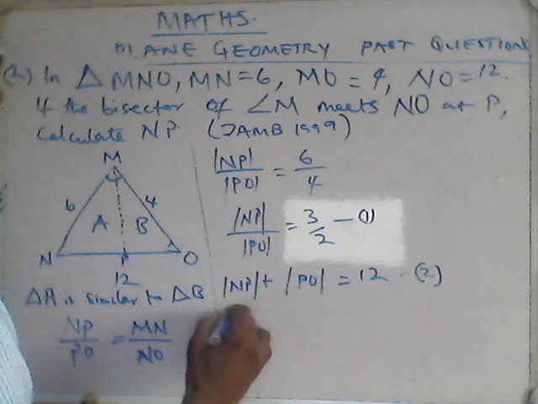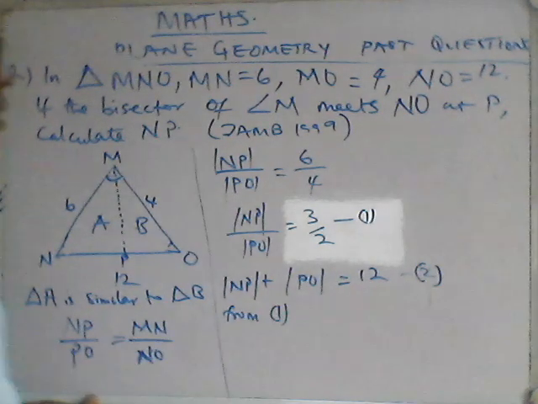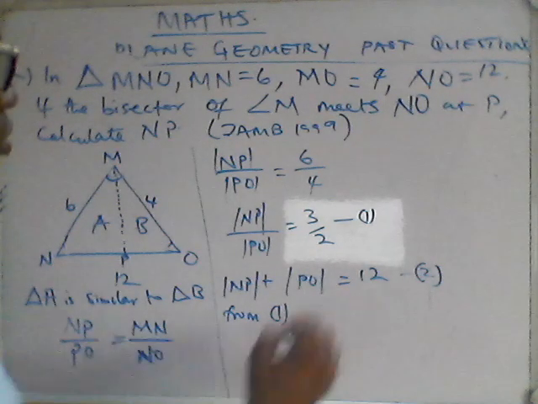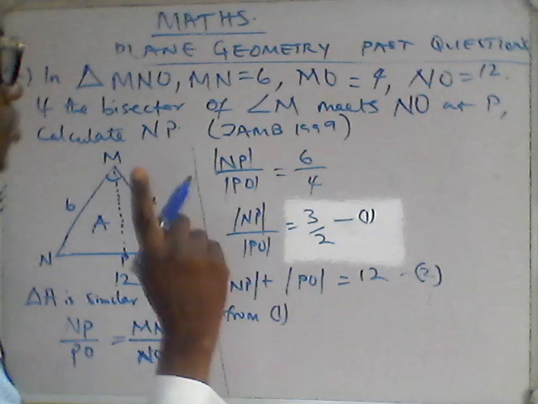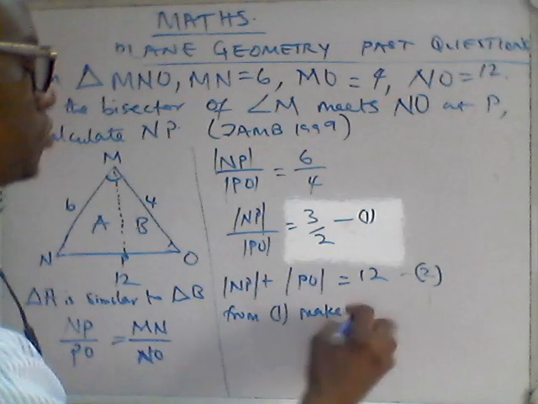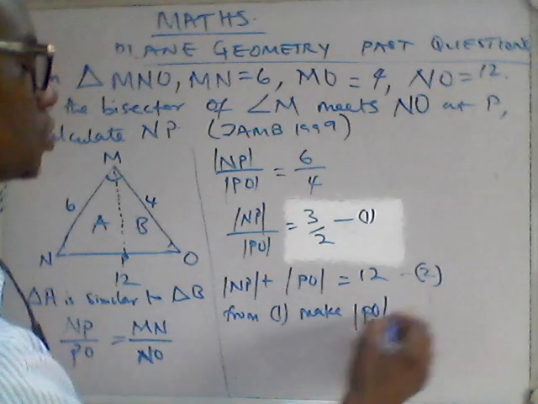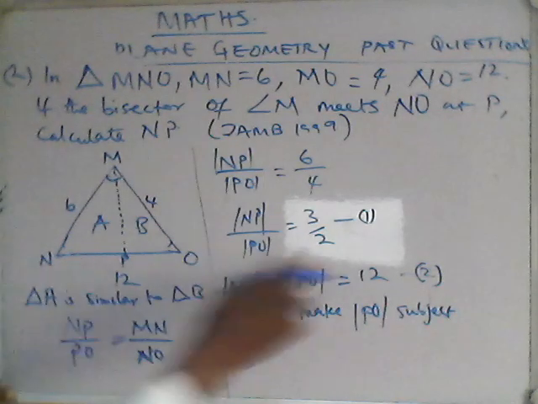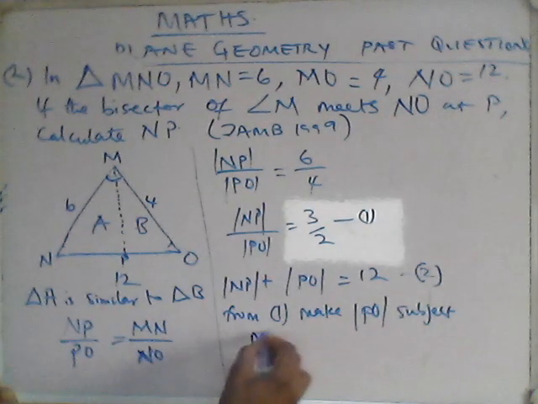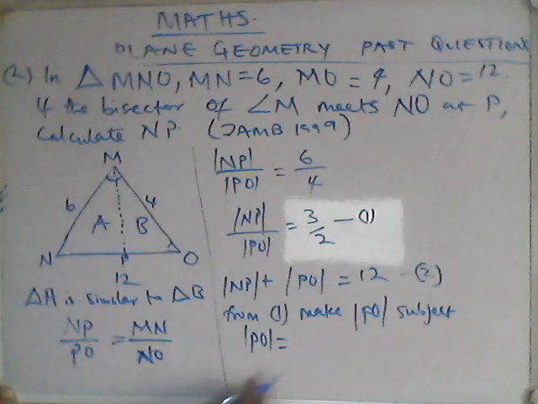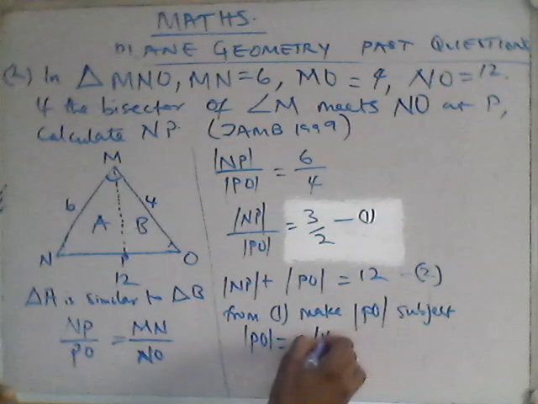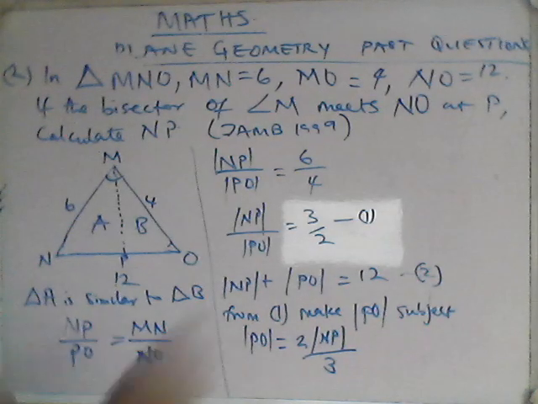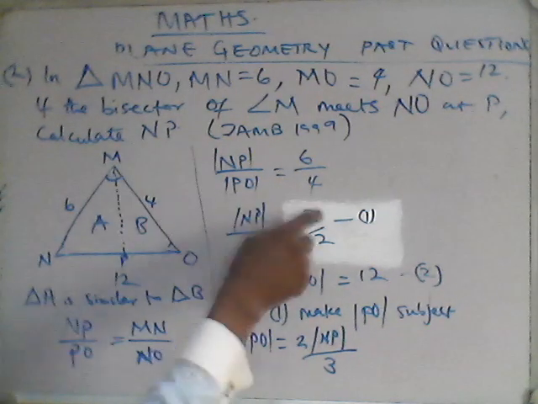So from equation 1, make PO the subject. How do I do that? From 1, line PO is equal to 2 line NP over 3.